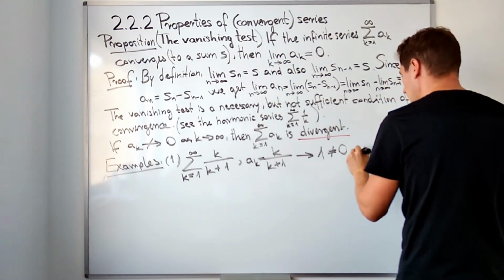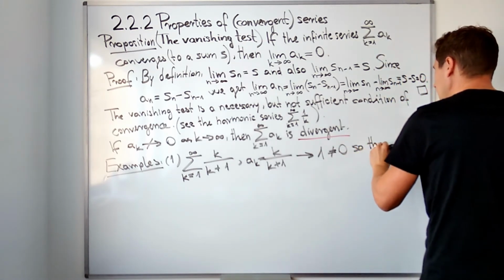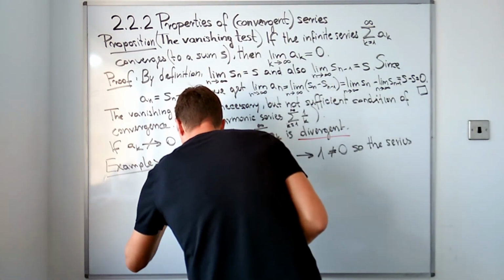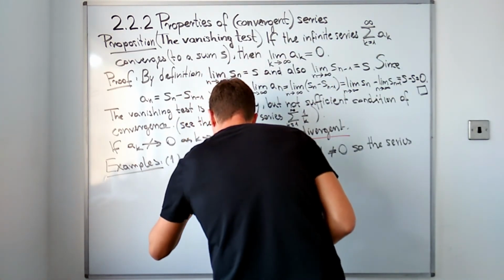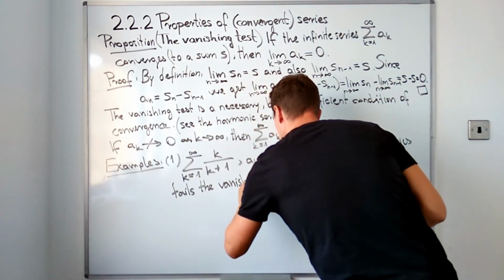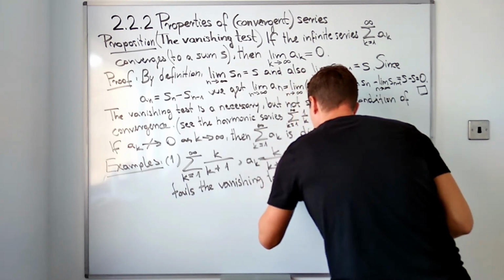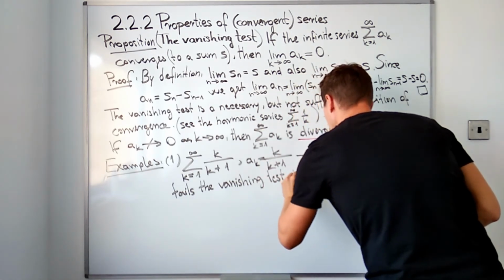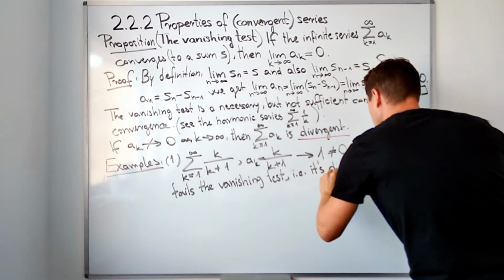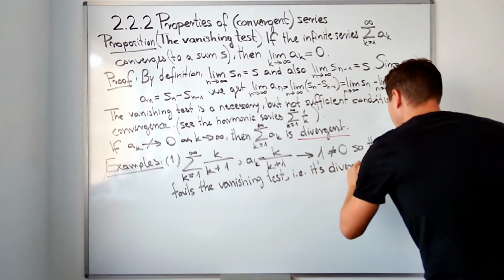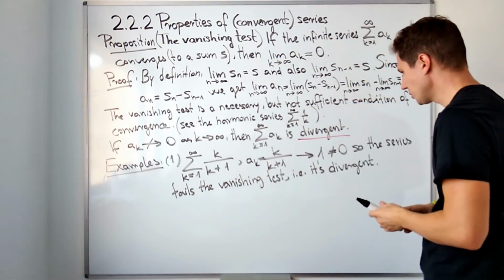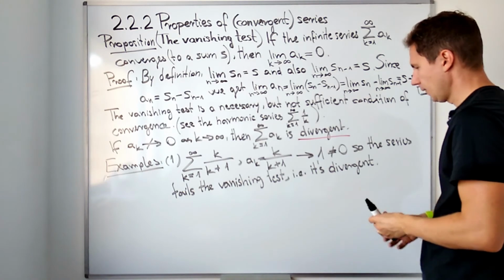That means the series fails the vanishing test, meaning that it is divergent. The sequence of partial sums won't converge to any number, it will be divergent.